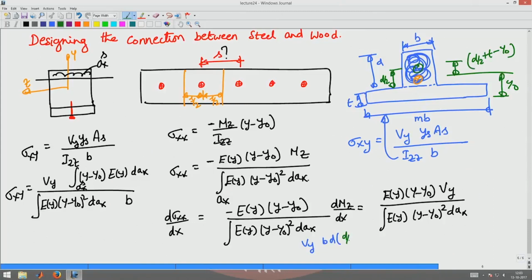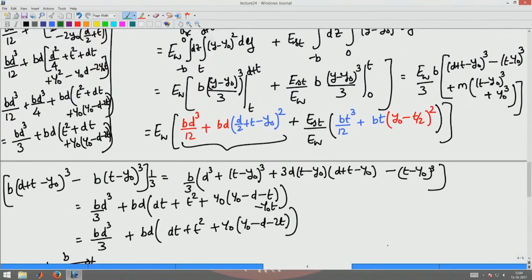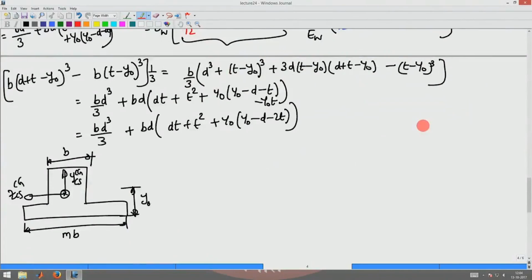So this will be d by 2 plus t minus y naught divided by Izz. Izz for this section would be the expression given in here, with E of wood as the Young's modulus, this will be the effective moment of inertia of that, okay.